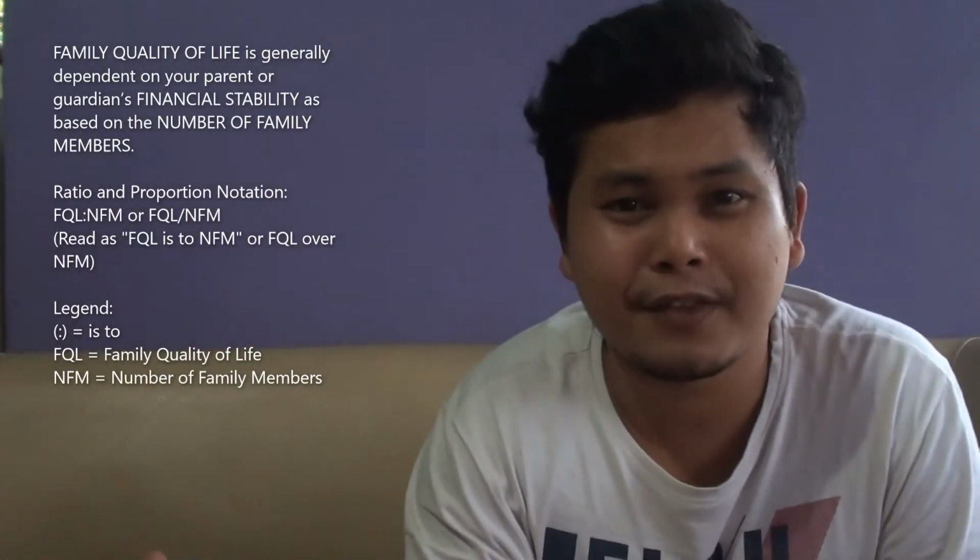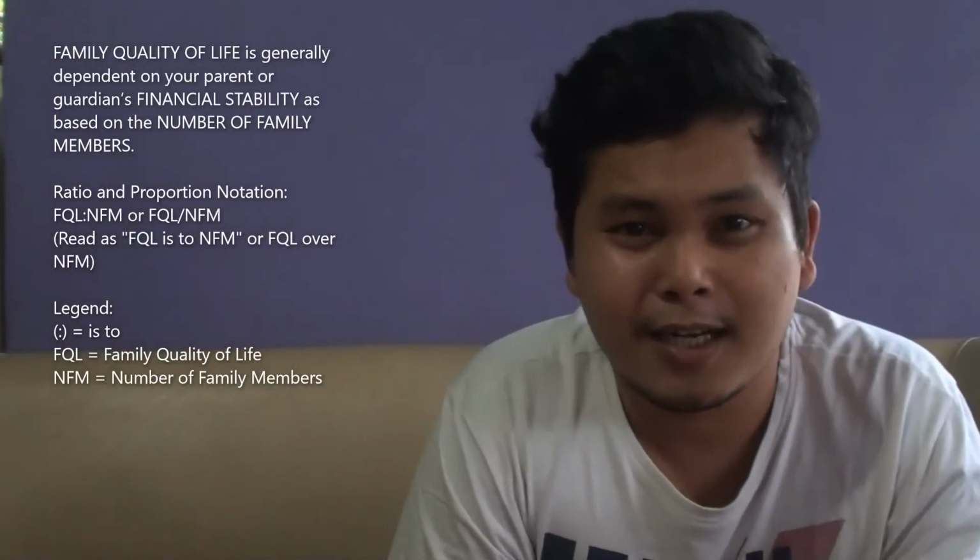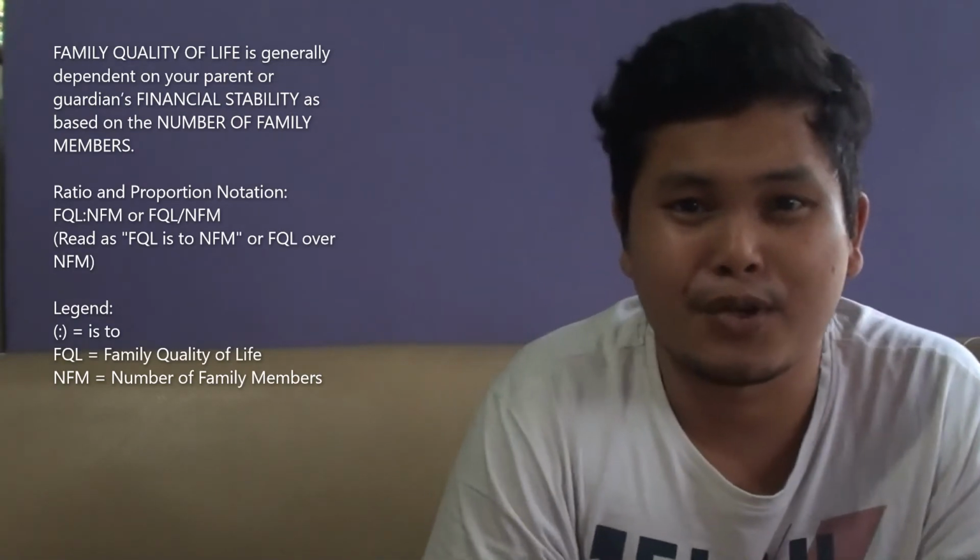Although there are many things that we need to consider, let us just focus on one area in this lesson, and that is family financial stability. This comprises 2 essential things: the family's quality of life, and the number of family members.